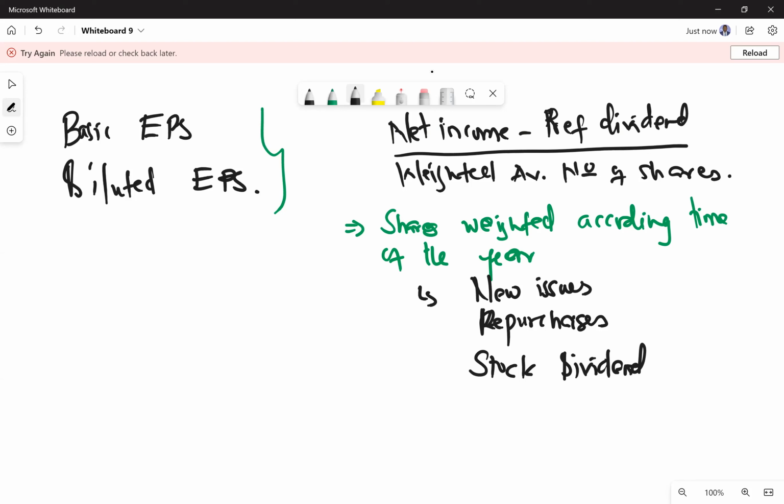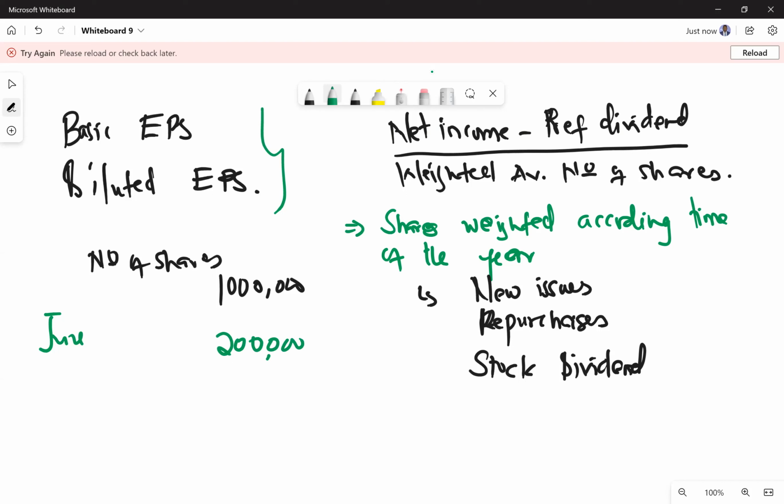For new issues, let's say at the beginning of the year, the number of shares was 1 million. And then in, let me just say January, because usually you're using the month. In June, there has been a new issue of 200,000 shares.